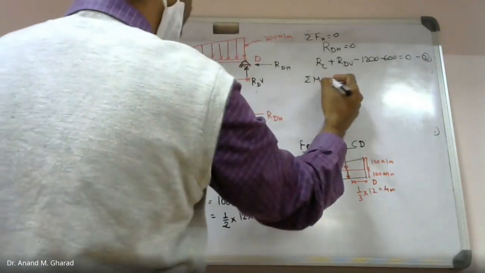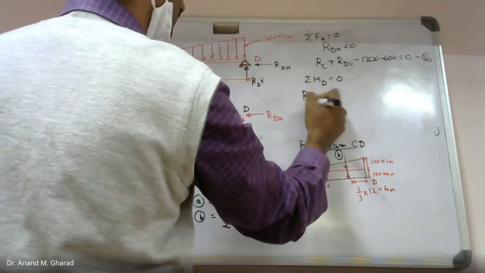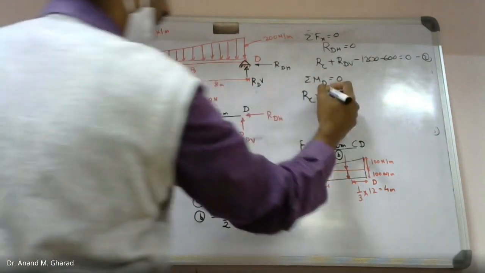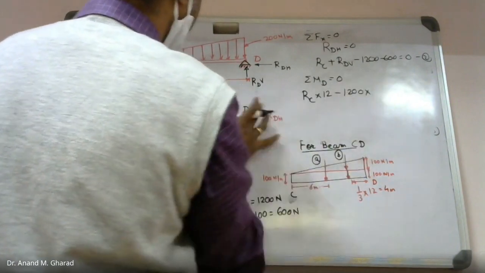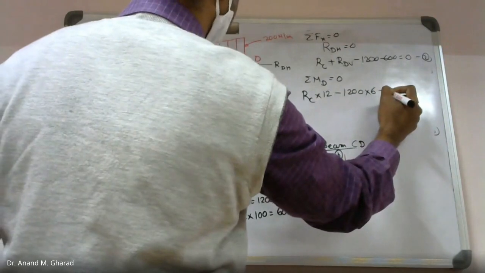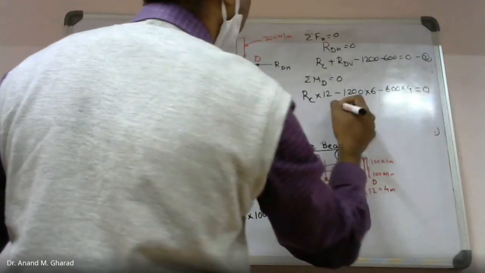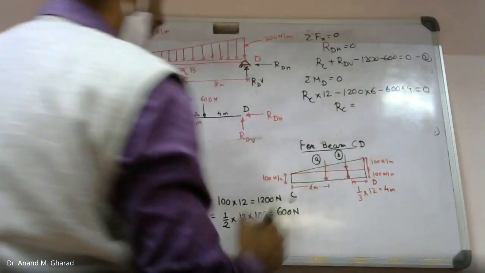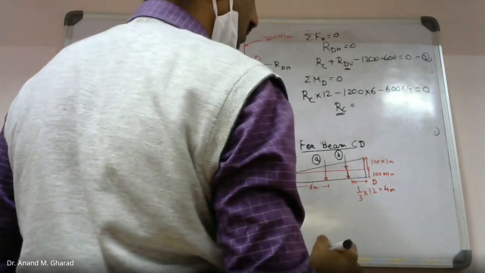So what I will do, I will take moment about point D equal to 0. RC into 12 minus 1200 into 6 minus 600 into 4 equal to 0. This will give me RC value. And once I get RC value, I will get this RD value also.